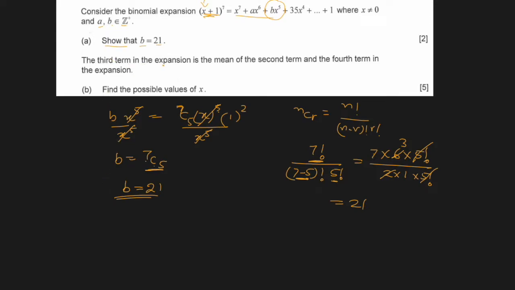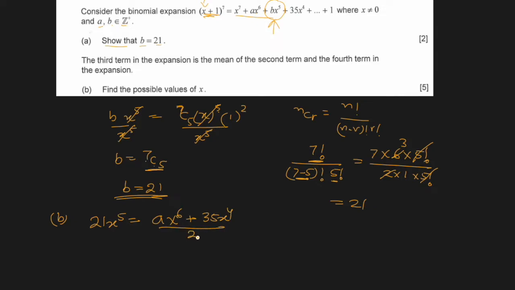The third term in the expansion is the mean of the second and fourth term. So the third term is this one, b x to the power 5, which is 21 now. So let's find B. Find the possible values of x, that's what they're saying. So 21 x to the power 5 is the mean of the second term, which is A x to the power 6, plus the fourth term 35 x to the power 4, divided by 2.